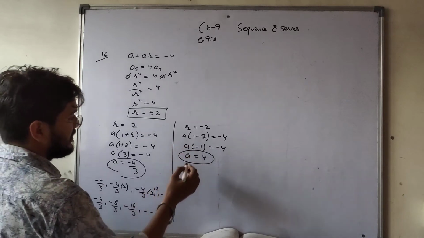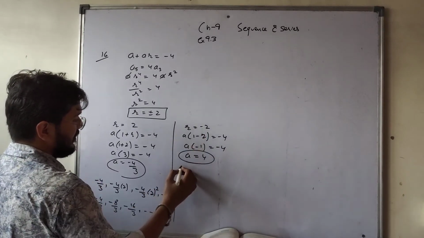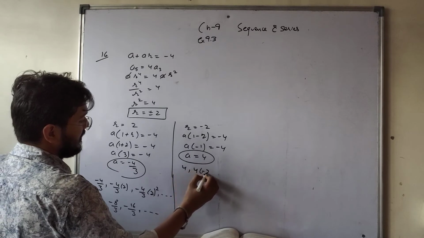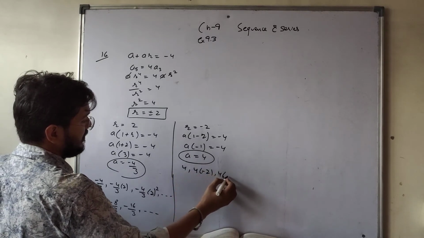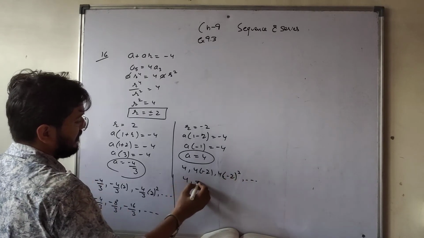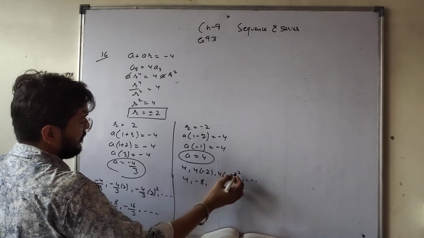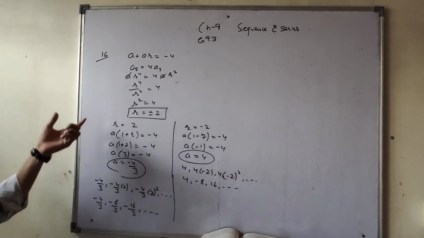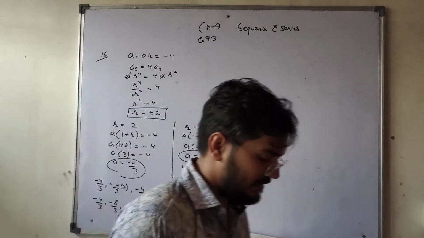Similarly, if this is a and this is r, the GP will be 4, comma, 4 times (-2), comma, 4 times (-2) square and so on. So 4, comma, -8, comma, 16 and so on. So this is the answer of question number 16, right?